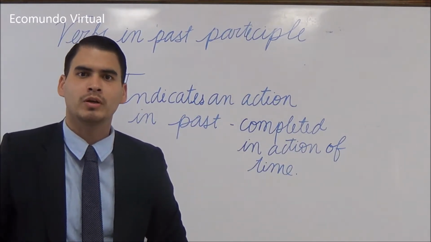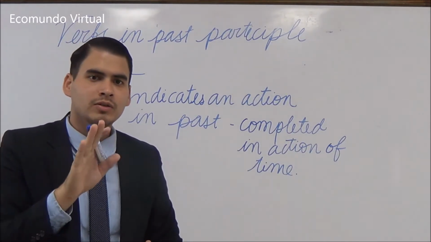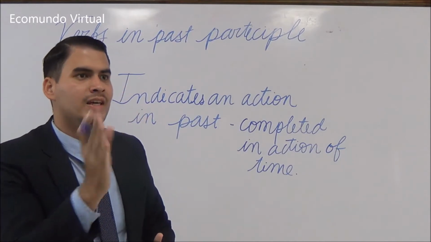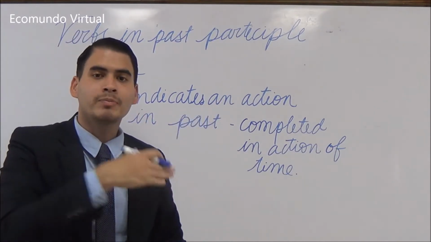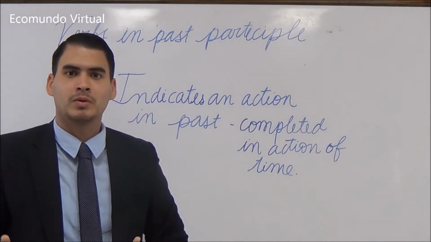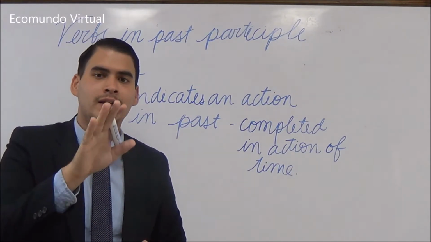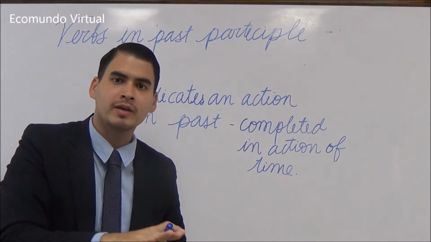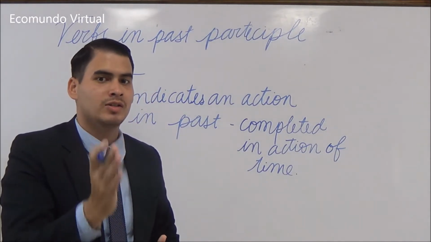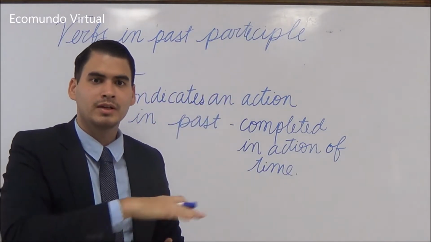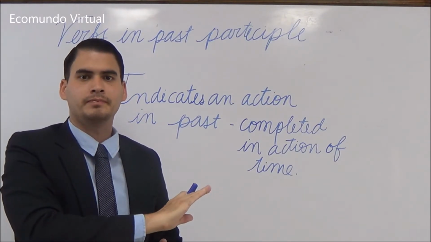What is that supposed to mean? For example, it's an action that begins in the past, but maybe continues in the present. Or maybe the action is not over. And just like I said, in simple past, when the action starts in the past, it stays in the past.